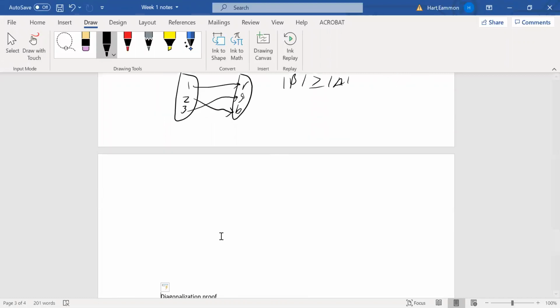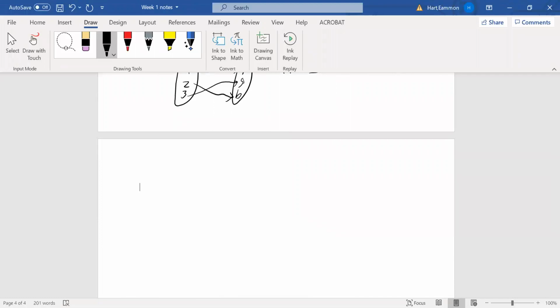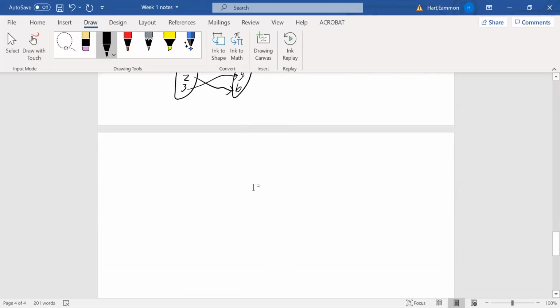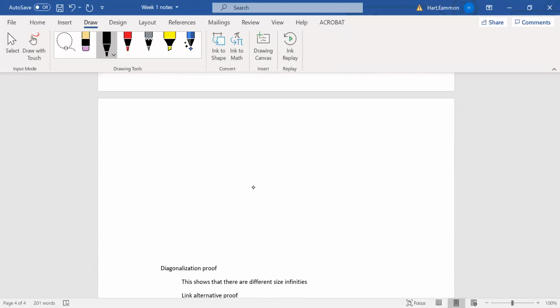This is actually going to be how we define infinite cardinalities: we say that two infinite sets have the same cardinality if you can find a bijective mapping. So let's say we want to prove that the cardinality of the integers is equal to the cardinality of the natural numbers.